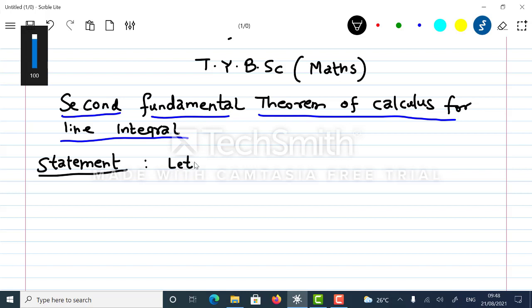Let capital U, which is a subset of Rn, be an open connected set.